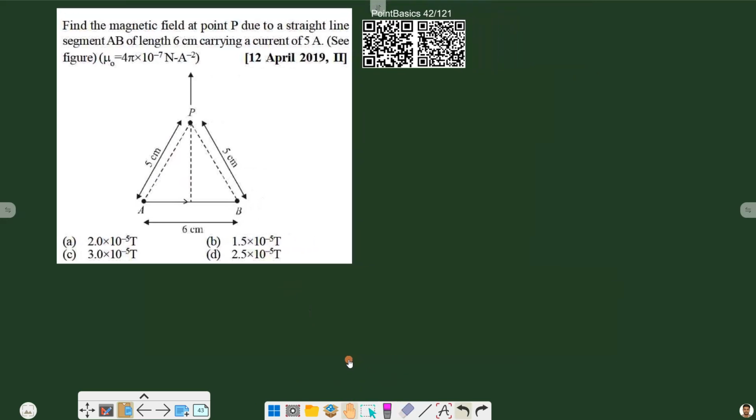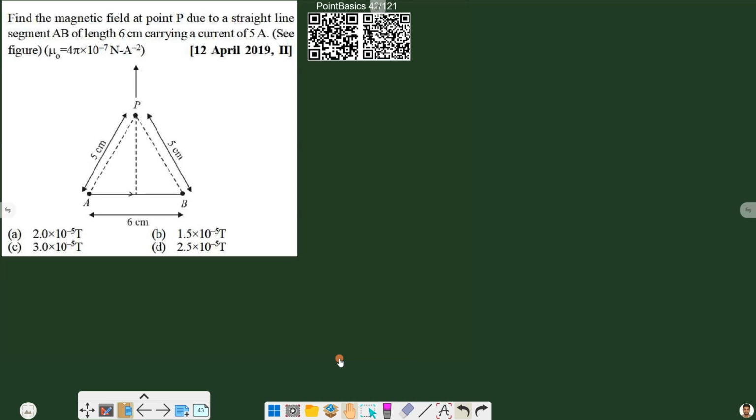First of all, if we analyze all the options, we have not been asked regarding direction. We have been asked only regarding magnitude, and that we can easily find using the formula for magnetic field by a lone conductor, which is mu naught I by 4 pi t into sine of phi 1 plus sine of phi 2.